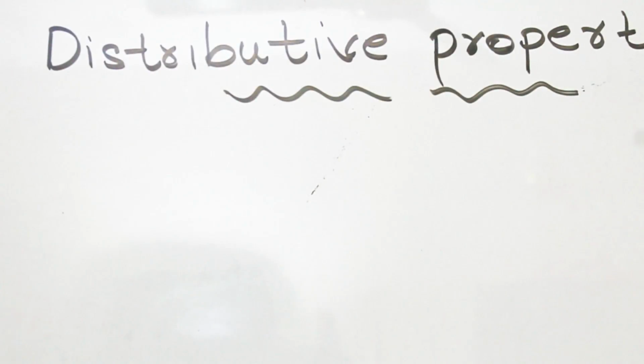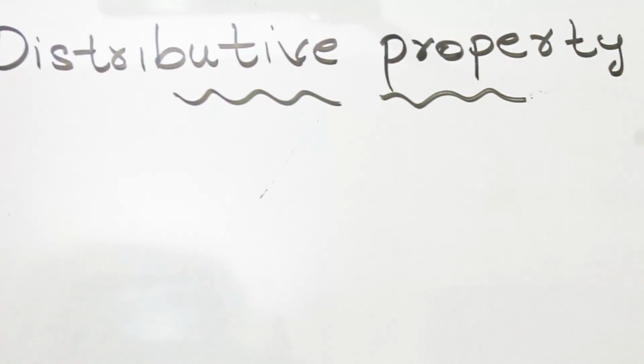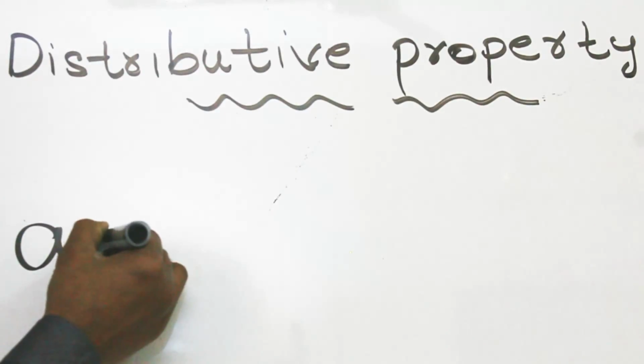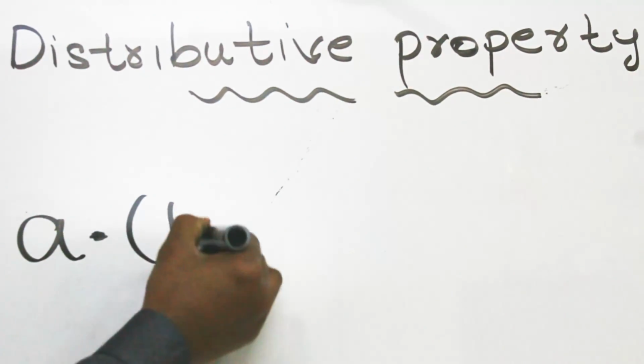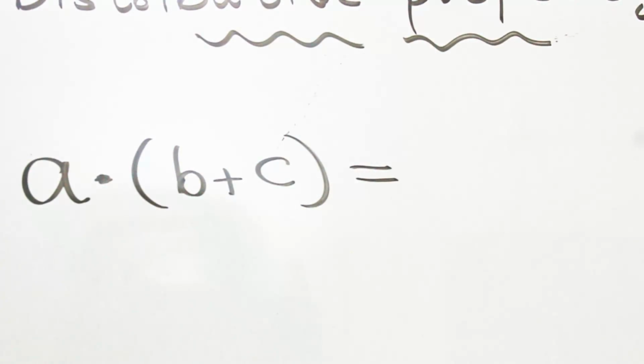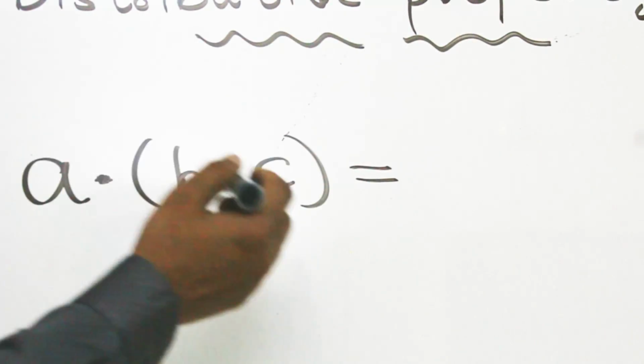Another important property is the distributive property. What do you mean by the distributive property? It relates to both operations, addition as well as multiplication, all together. It will be like this: A multiplied by the bracket B plus C. In the bracket we have addition, outside the bracket we have multiplication.